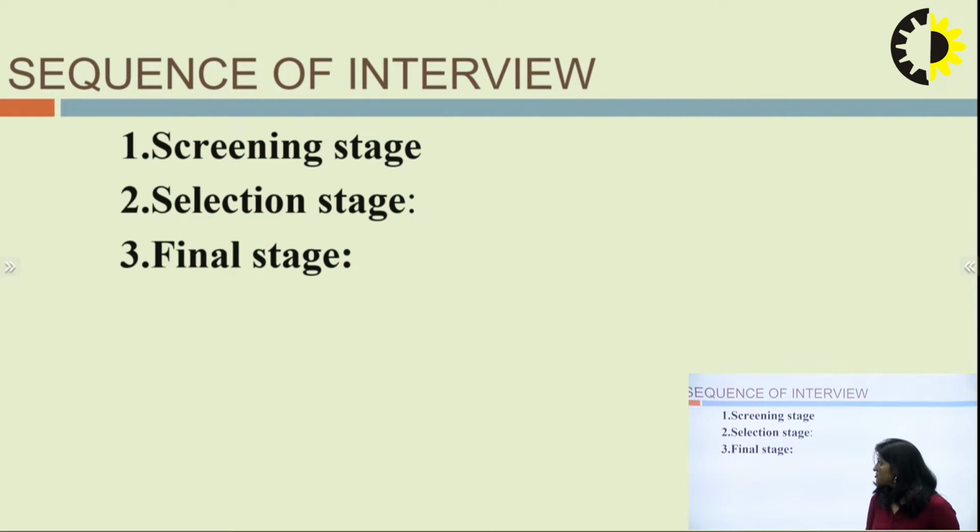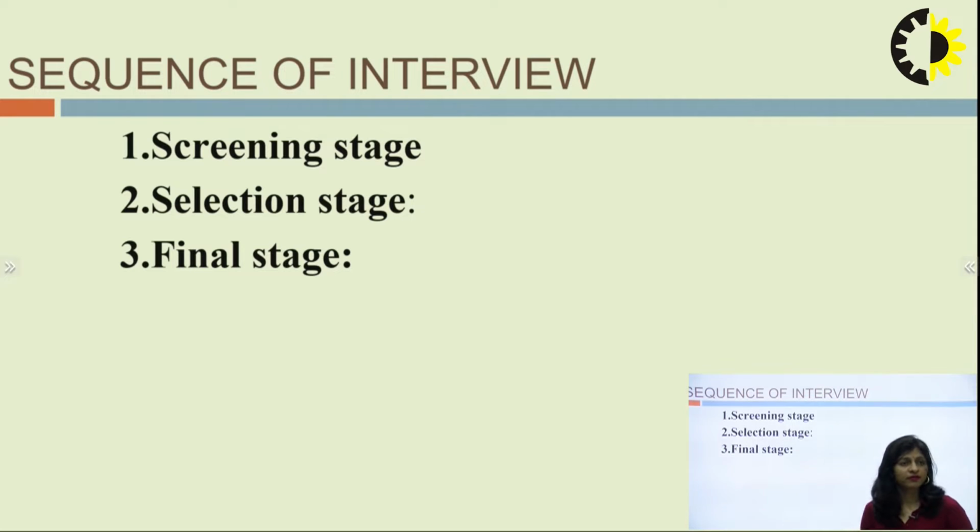Now the second stage is called the selection stage. In this stage the candidate has to face several people, some from the human resource department, some potential colleagues, and some supervisors. The main motive of the employer is to judge the candidate's abilities and organizational capability, and also the interest and zeal of the candidate for the job he is seeking.